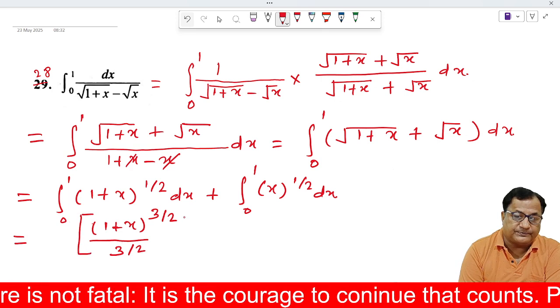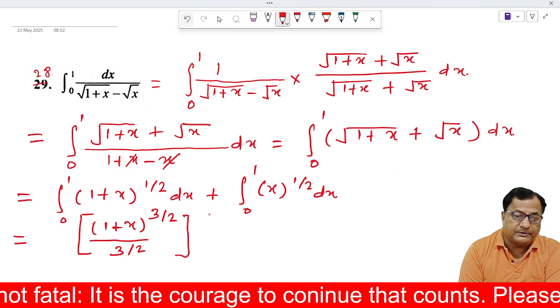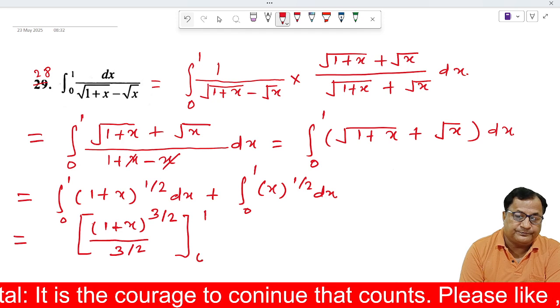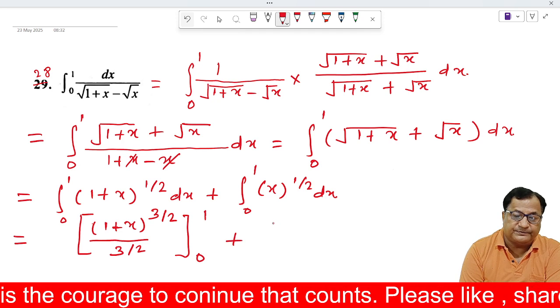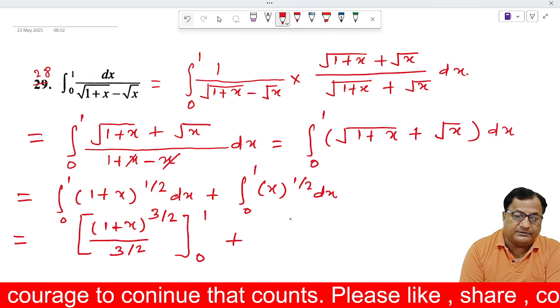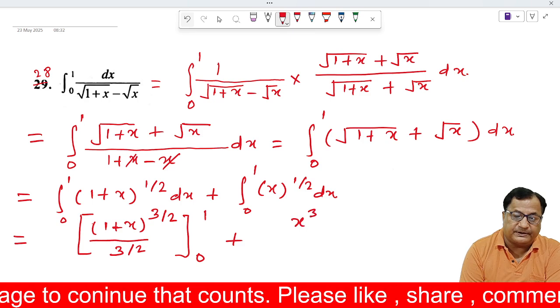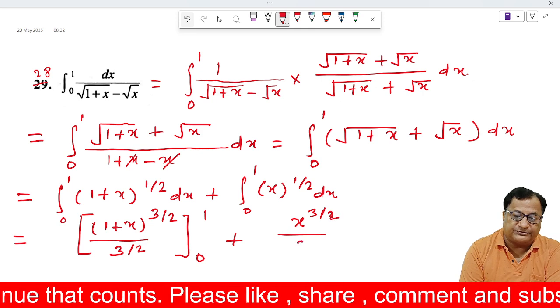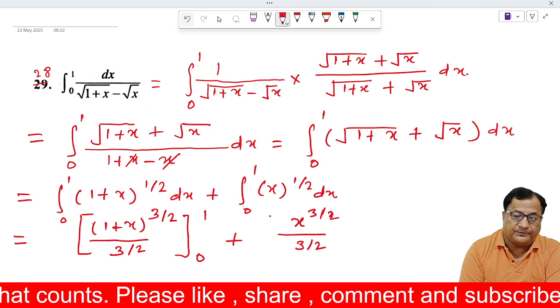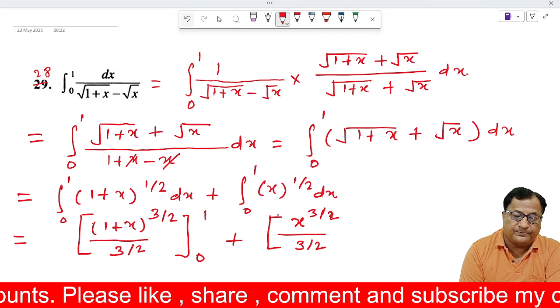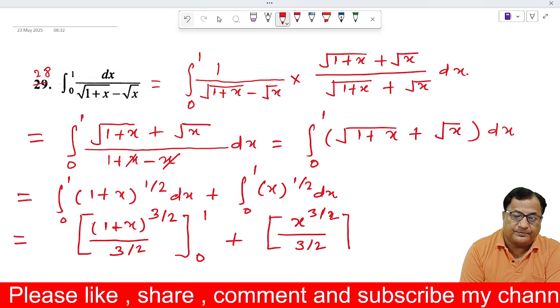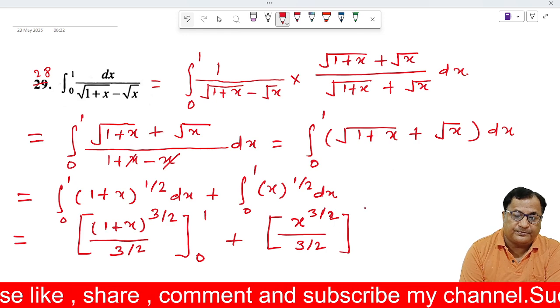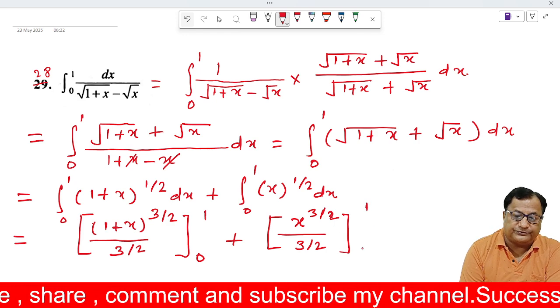Limit is 1, 0. Plus similarly this will be x to the power 3 by 2 divided by 3 by 2, with limit 1, 0.